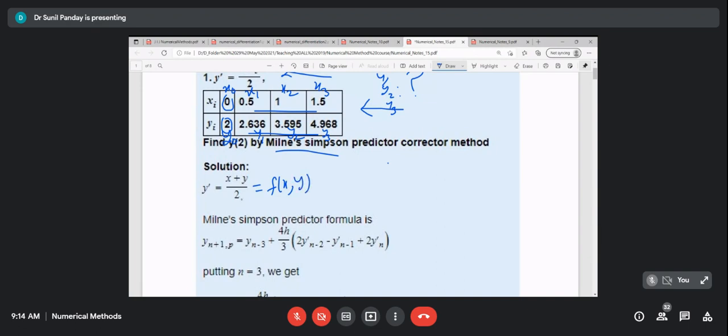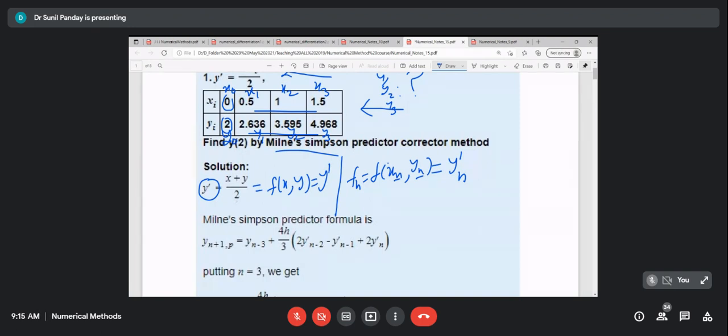And if I write fn, it means f of x n, y n, because f of x, y is actually equal to y dash. In every initial value problem given to you, y dash is this one. So if n is there, it means f of x n, y n, and then y n dash.